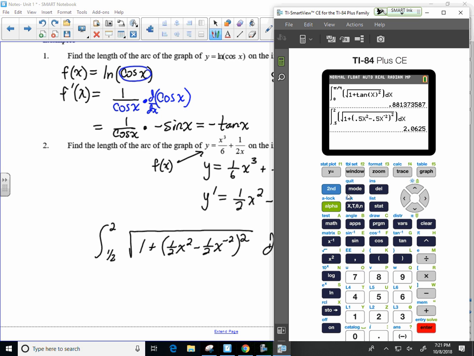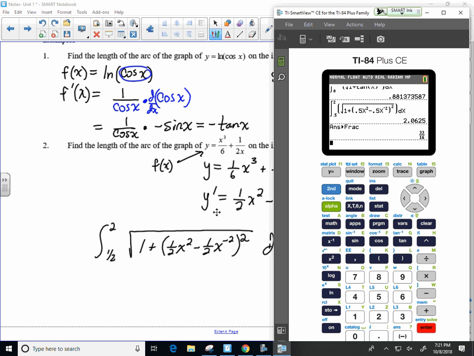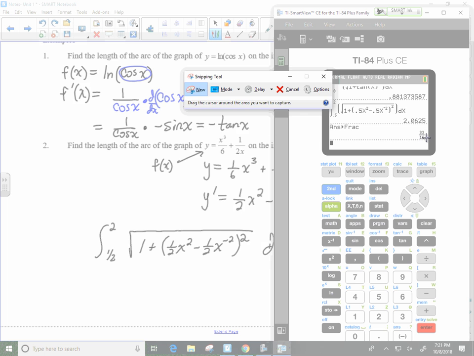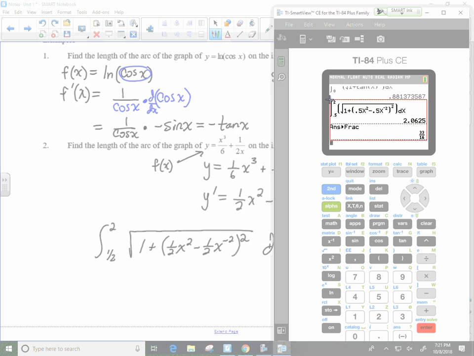This one is frackable, math, enter, enter. Take all that. Not too bad at all.